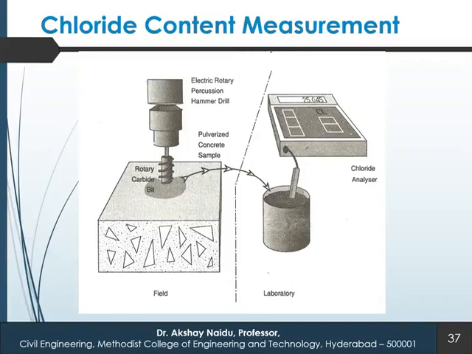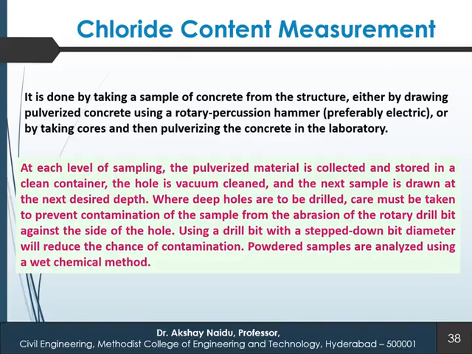We know that chloride causes major damage when it penetrates deep up to the reinforcement. It becomes a catalyst for corrosion, and corrosion is like cancer for the concrete. It eats away the concrete strength. So chloride content measurement is important to ensure that corrosion is not taking place.